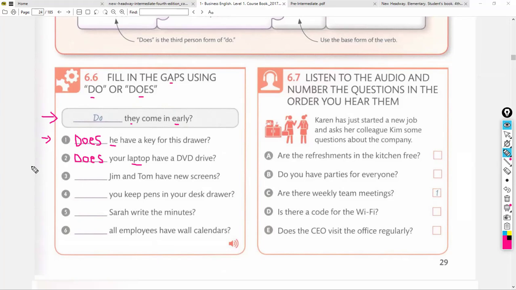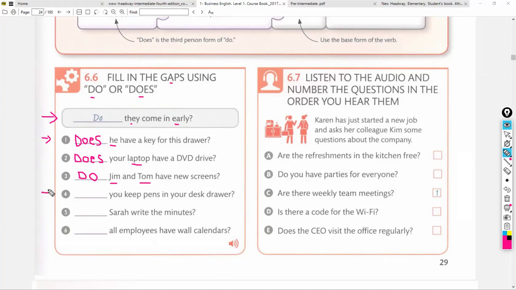Do. Bravo. Plural, we have two plural nouns. Do Jim and Tom. Exactly. If it is only Jim, I have to use does. If it is only Tom, I have to use does.